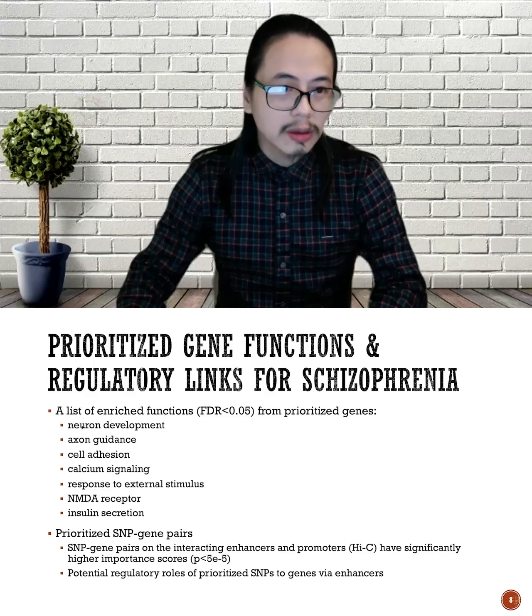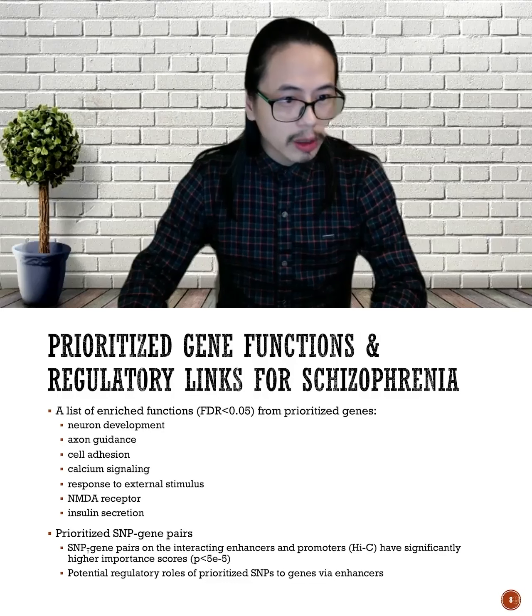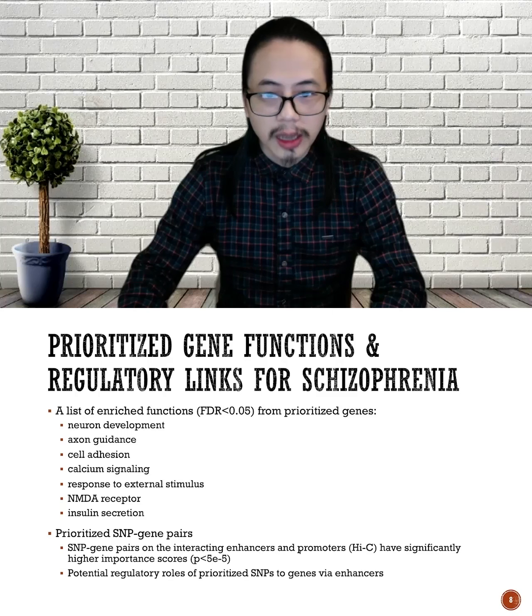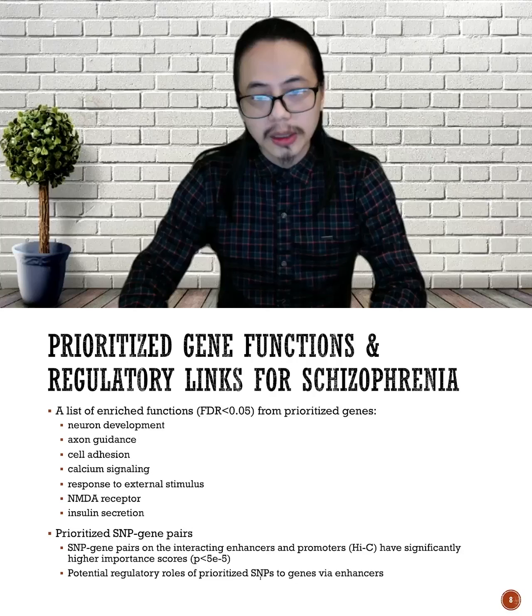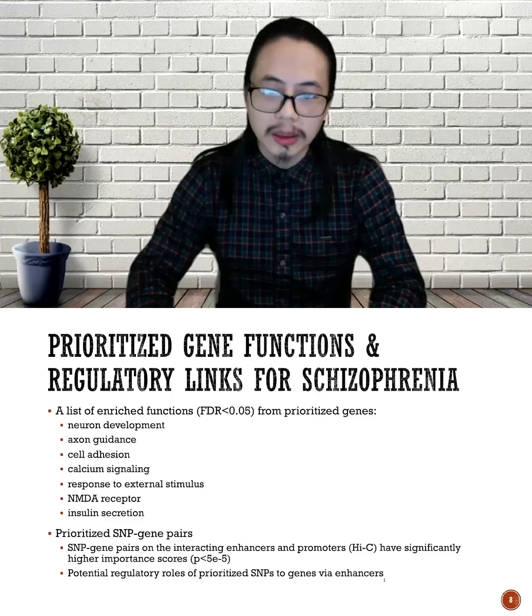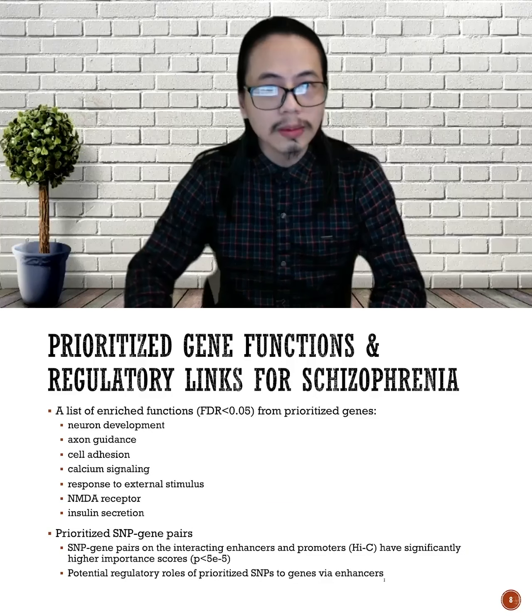Those functions include neuron development, axon guidance, cell adhesion, etc. We also find the SNP-gene pairs on the interacting enhancers and promoters have significantly higher importance scores, and also potential regulatory roles of prioritized SNPs to genes via enhancers.